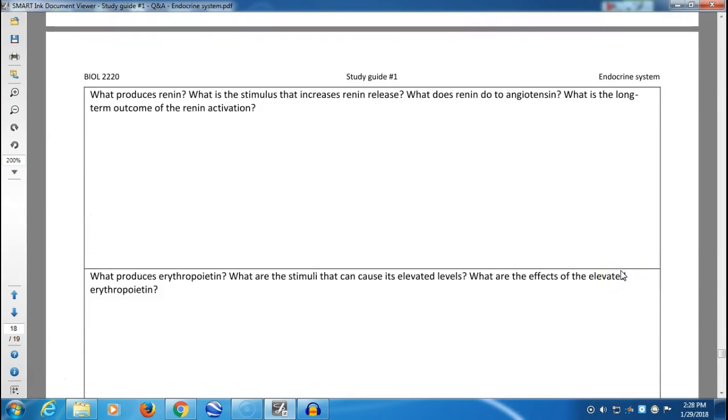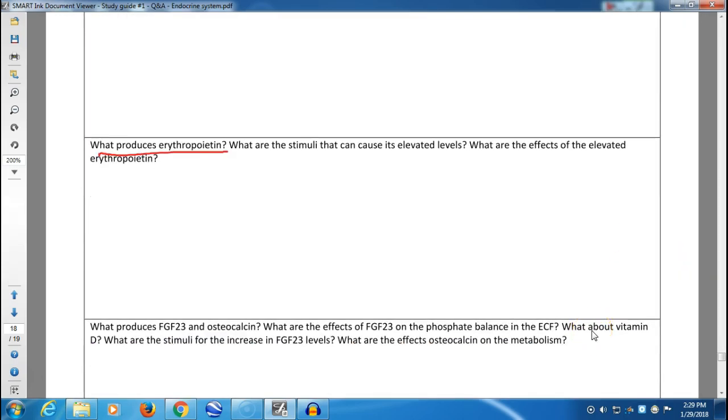Renin is produced by kidneys in response to low blood pressure. Renin activates angiotensin, which is produced by liver, and the long-term outcome is elevated blood pressure. Does that make sense? Erythropoietin is produced by kidneys. What can stimulate erythropoietin?